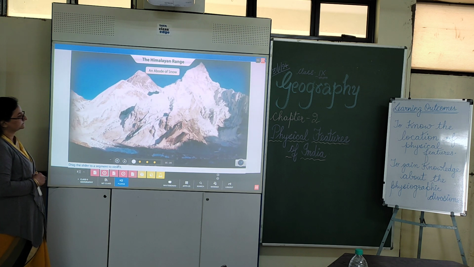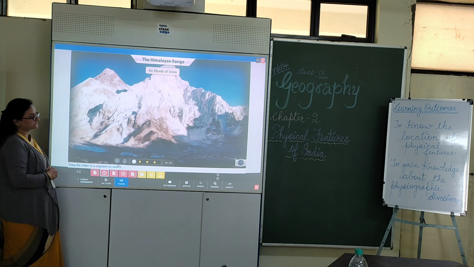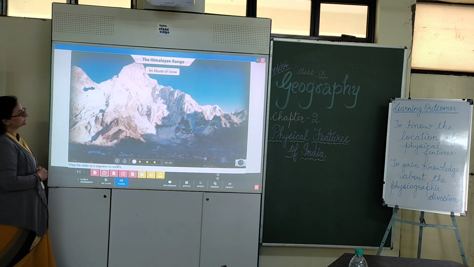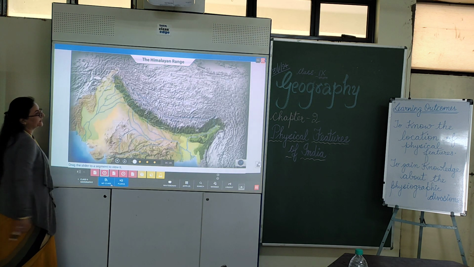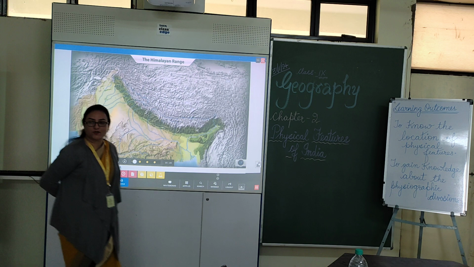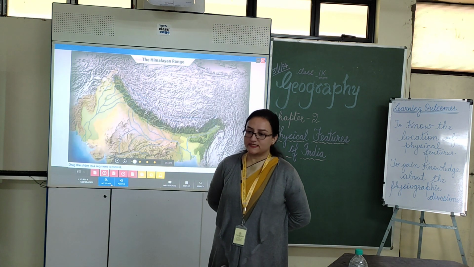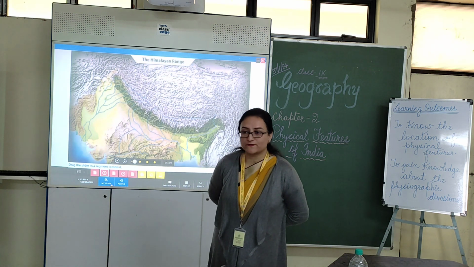It gets this name as the higher regions of this mountain range are snowbound through the year. So tell me, what is the meaning of the word Himalaya? The abode of snow. That is a place where you will find a lot of snow.